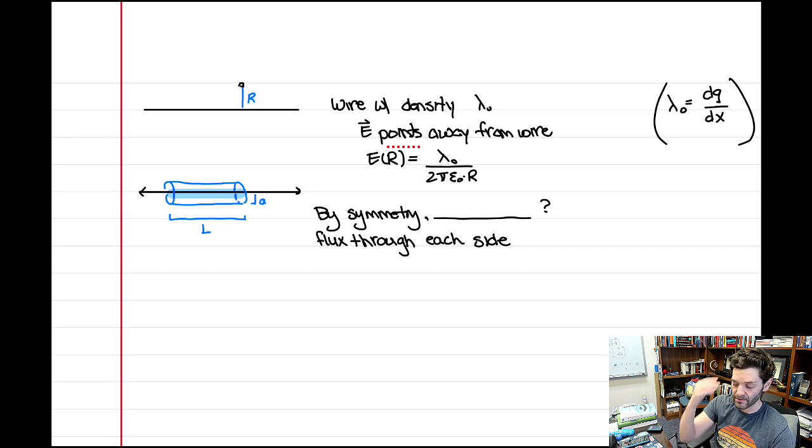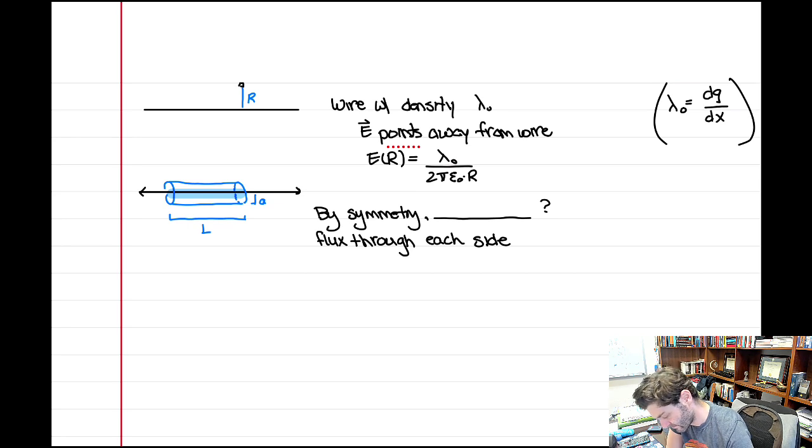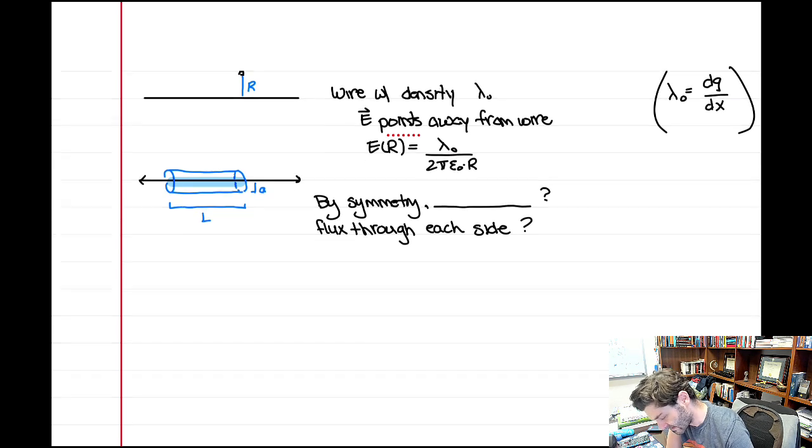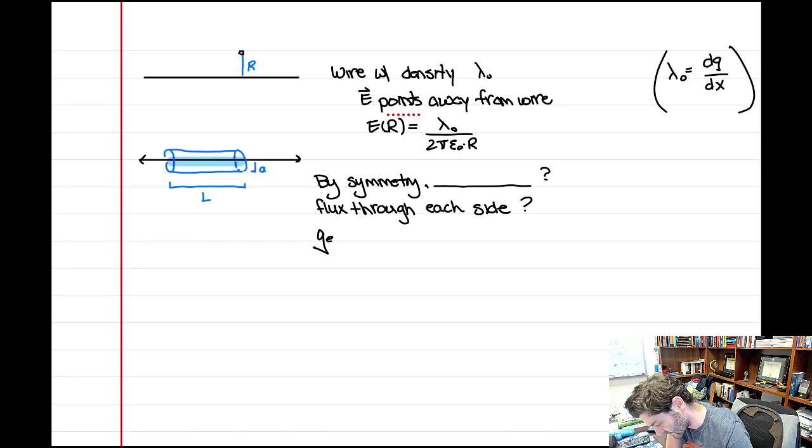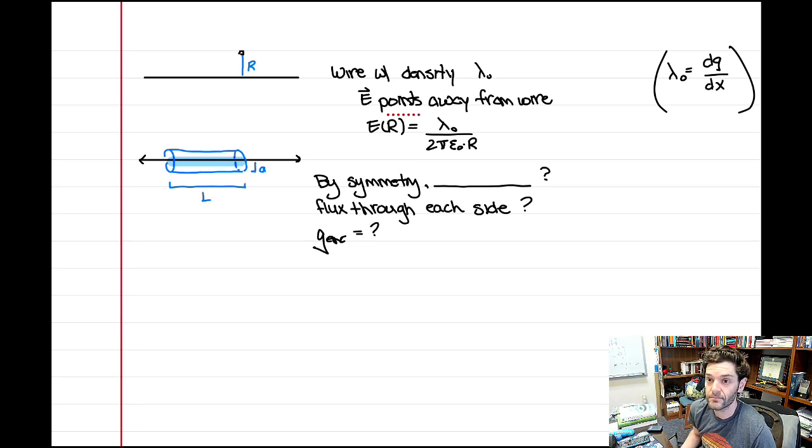And I claim you can think of it only in terms of the left cap, the right cap, and then the rounded part. And then also, what is the enclosed charge inside that cylinder? And then Gauss's law all the way.